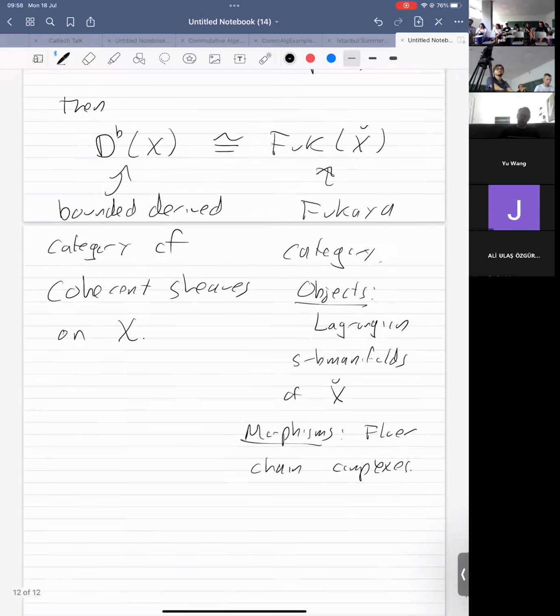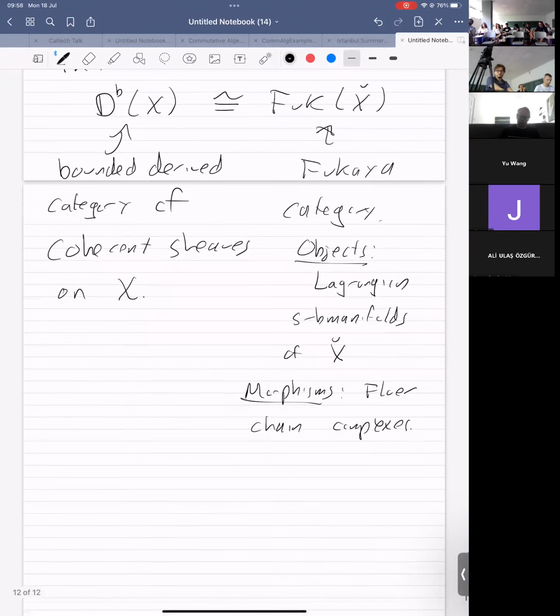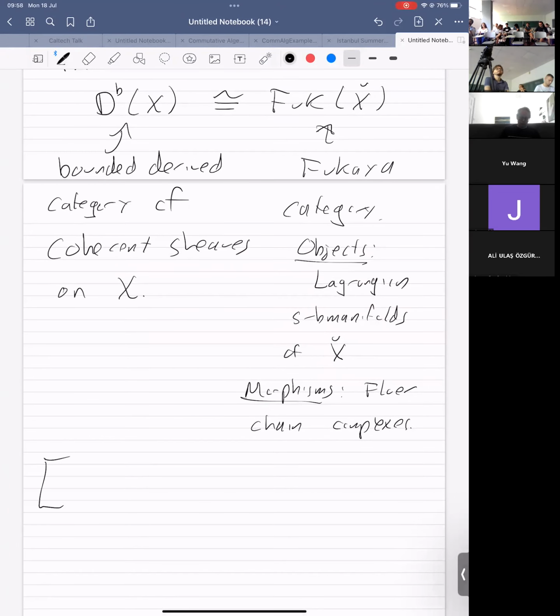Now, let me say a few words because I want to define Lagrangian if you haven't seen it. So first of all, we should think of X check as carrying some choice of Kähler form. In theory, it should be determined by the choice of complex structure on X. Complex structure on X should reflect symplectic structure on X check, and the Kähler form omega check is a symplectic form.